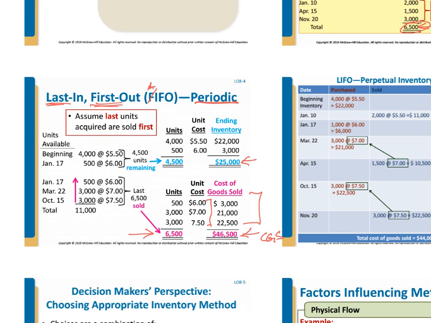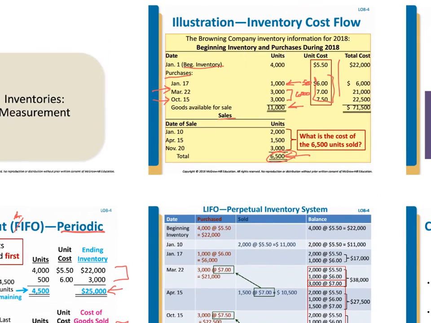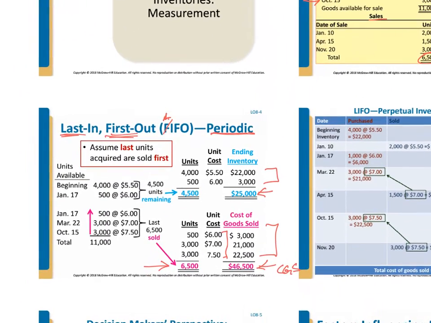If we wanted an acronym for ending inventory, we could use FISH, which is first in, still here, to describe our ending inventory, which we have right here. These 4,000 units, notice, come from beginning inventory, and then the additional 500 from that 1,000 that we did not use for cost of goods sold. That's where we get these amounts for ending inventory. So this is LIFO under the periodic inventory method.